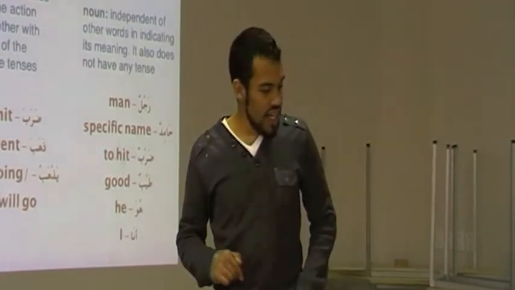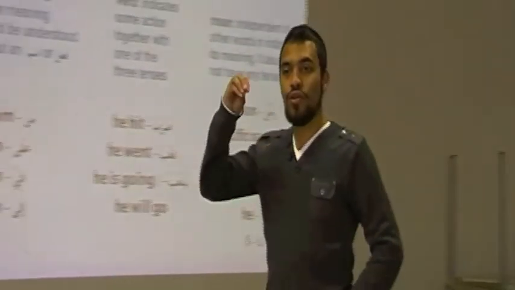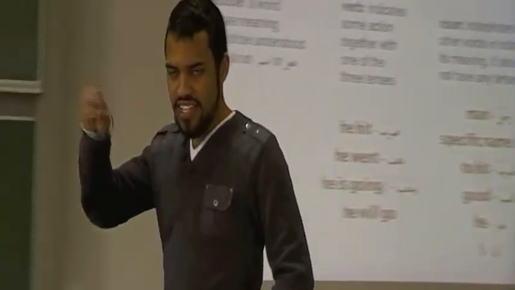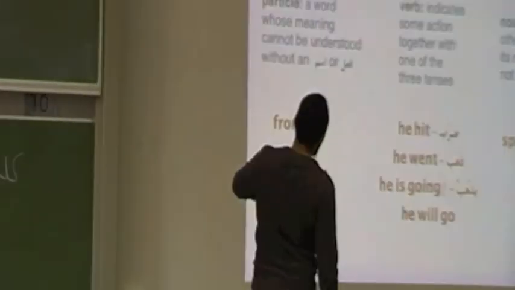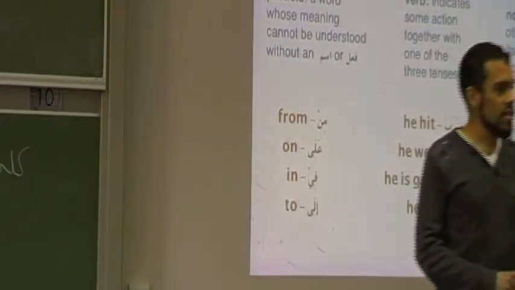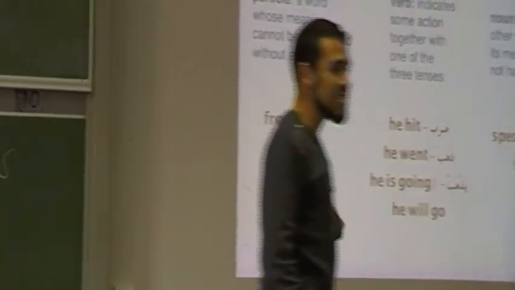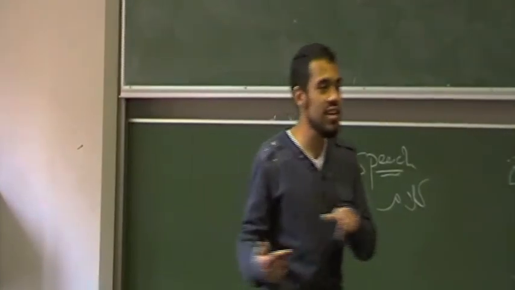Now, a word whose meaning cannot be understood without a fi'lun or an ismun. These are connectors. It says particle, but I'm more comfortable with the word connectors. They complete the sentence. They are like min.